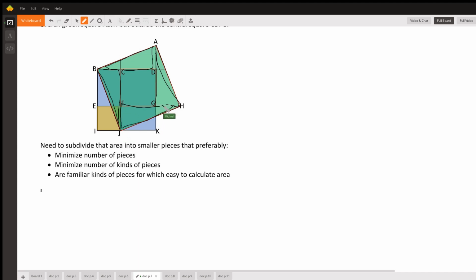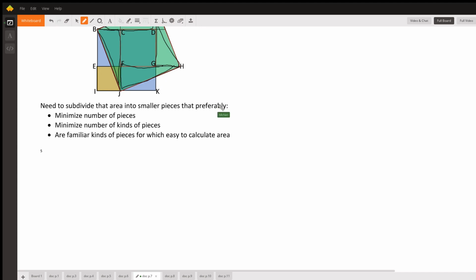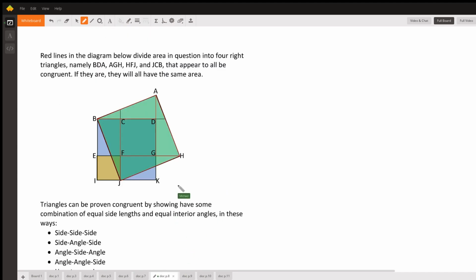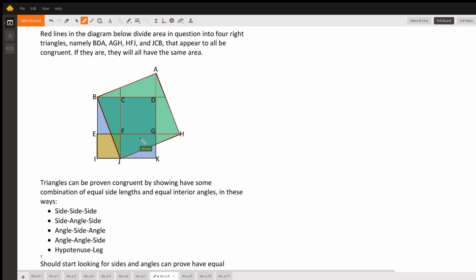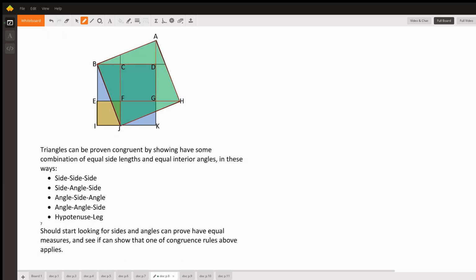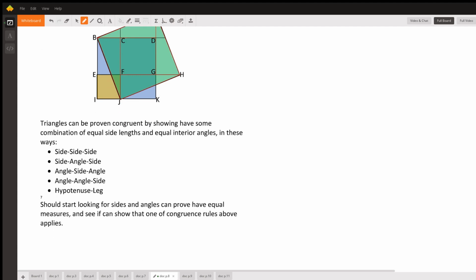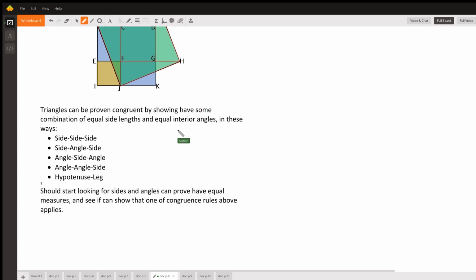Before we start calculating the areas, first we need to show that they're congruent. Here I've outlined each of the 4 of them in red. If they're all congruent, they'll all have the same area. So we're looking for some combination of equal side lengths and equal interior angles.